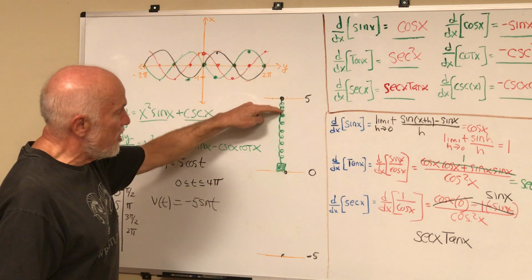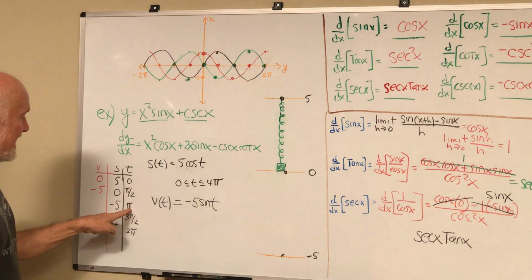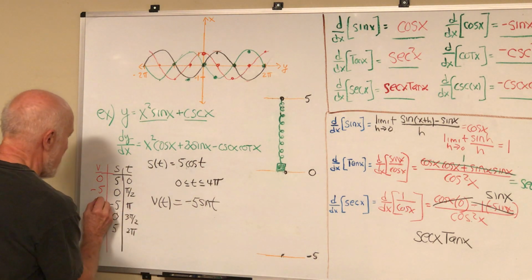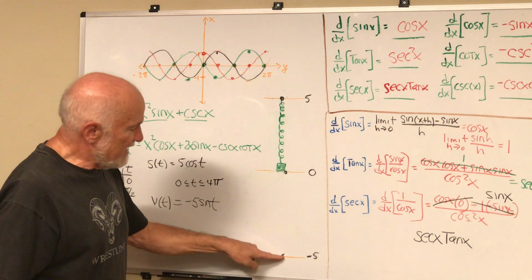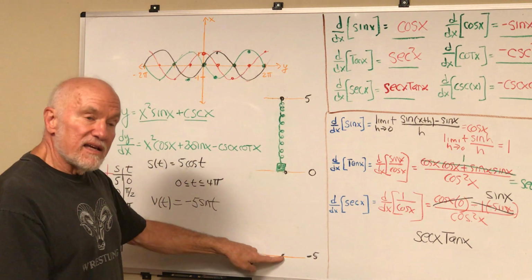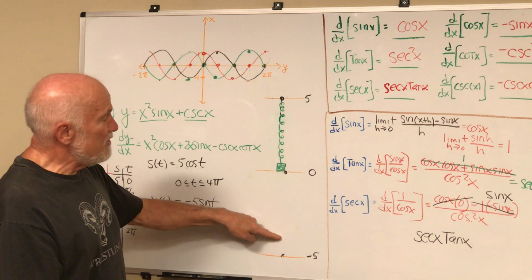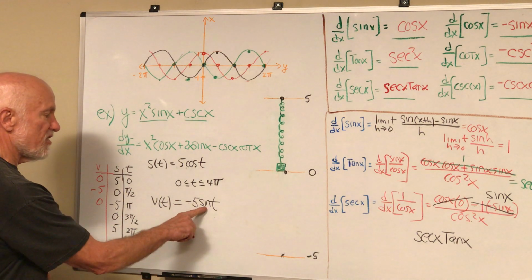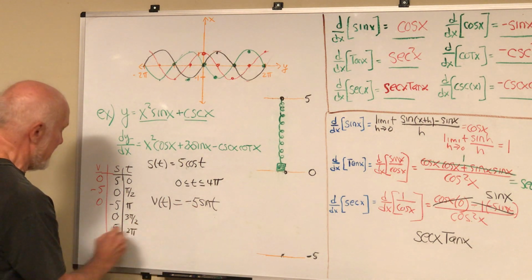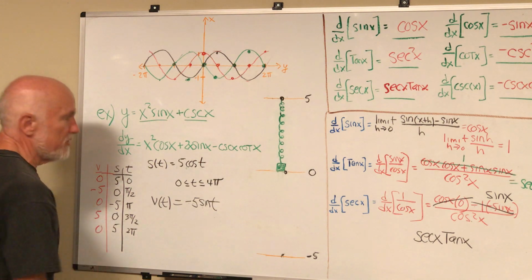So it's going from 0 to -5, and then when you get to time pi, the sine of pi is back down to 0. So when it gets down into the bottom, it stops for a minute and then starts going, now it's gaining position. So at 3 pi over 2, the sine of 3 pi over 2 is -1. So you get 5, and then you're back to 0.